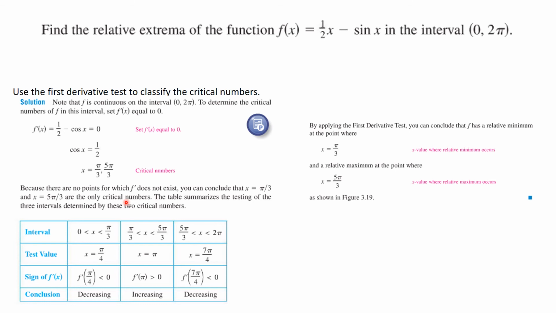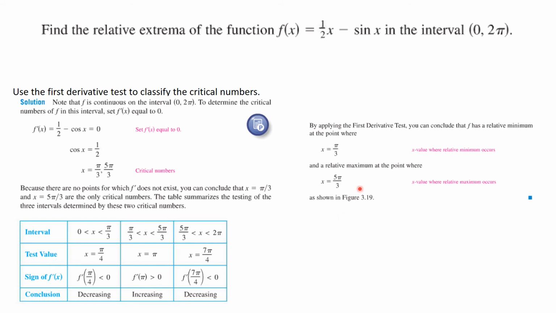And so then we'll do test points. So we draw a real number line and mark those on it. We're breaking the real number line into three pieces: this piece, this piece, and this piece. We find test values in each of these intervals. We evaluate the sign of the first derivative everywhere, and we know that it is decreasing, increasing, and then decreasing.